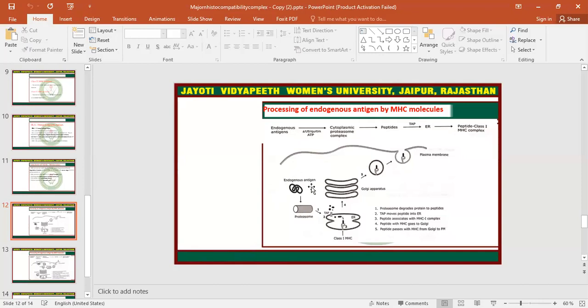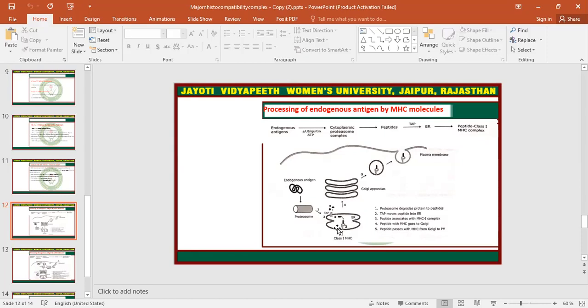This endogenous antigen comes to the body, and a proteasome will degrade this endogenous antigen into small particles, and after that, the transporter associated protein will move these peptides to the endoplasmic reticulum. On this endoplasmic reticulum there are some class 1 MHC molecules.